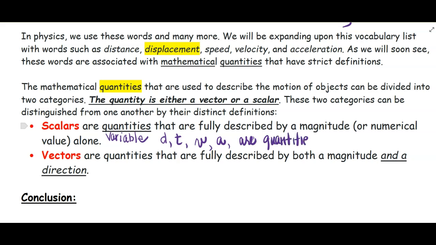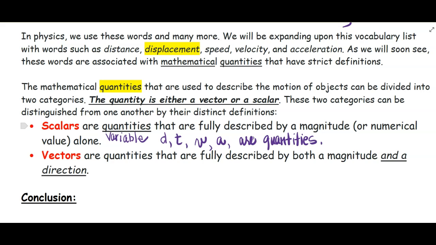In fact, when we tell you the mass of something, we'll give you a number and a unit, such as grams or kilograms. If we talk about distance, we'll give you a number, and we'll also tell you that it's in meters or centimeters.